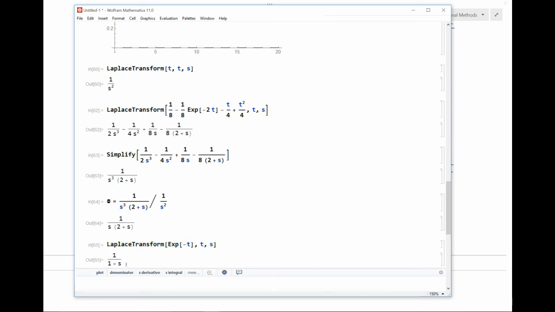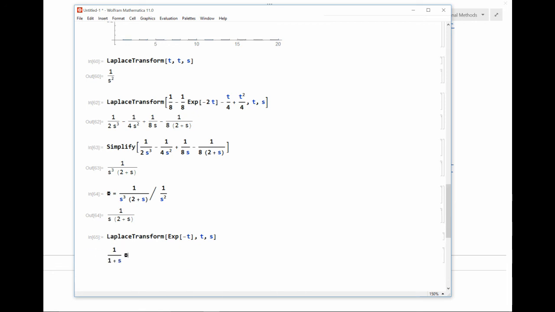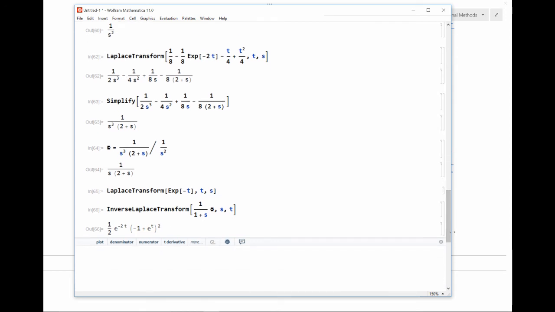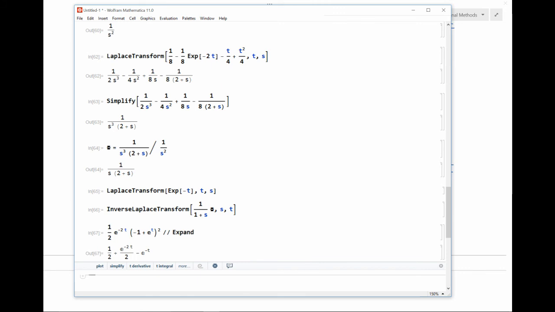So let's compute that and multiply it by the system transfer function, and then compute the inverse. Well, Mathematica simplified it a little bit, but if I expand it, I get exactly the terms that I've got in my answer.